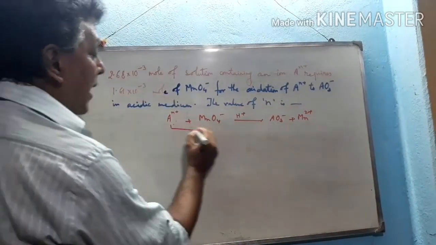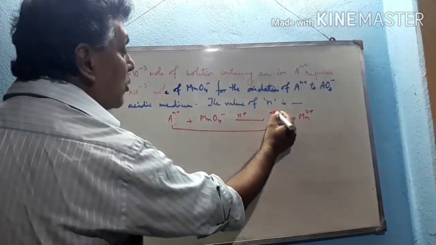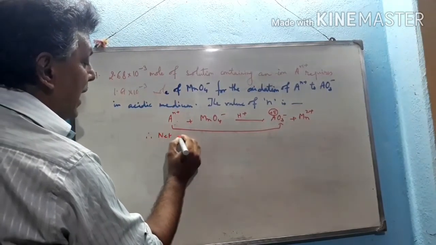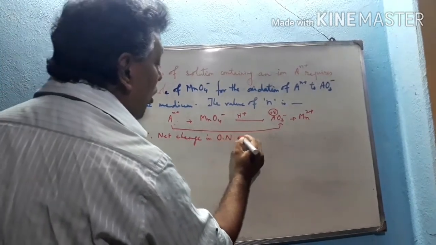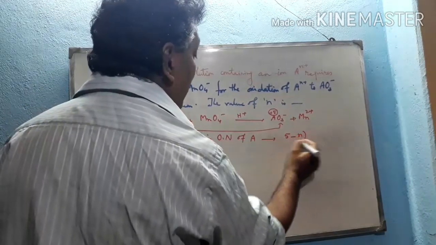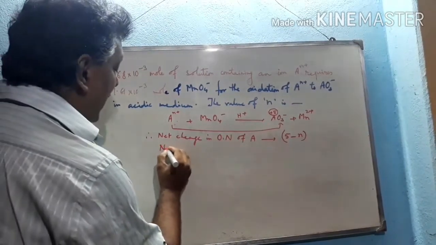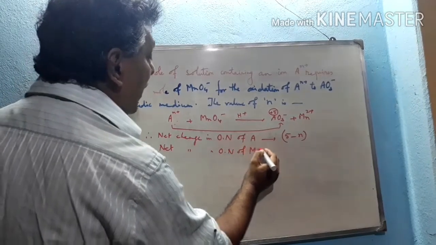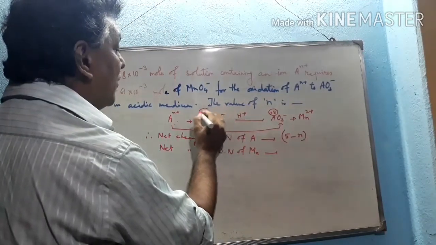Now An+ goes to AO3-. Therefore, in AO3-, we know that the oxidation state of A is plus 5. Therefore, the net change in oxidation number of A is 5 minus n, because the final is plus 5 and the initial was n. For Mn, the oxidation number is plus 2 and here it is plus 7.